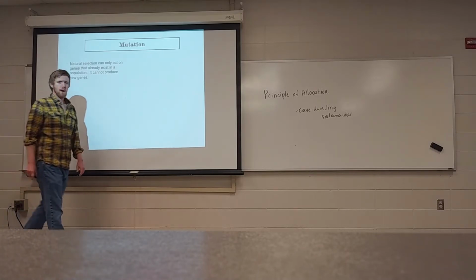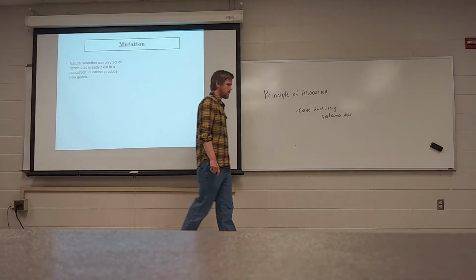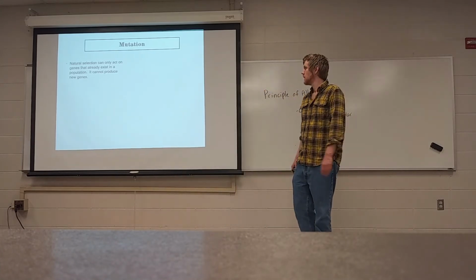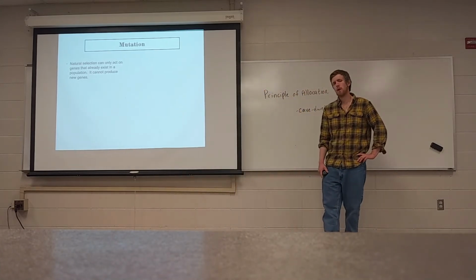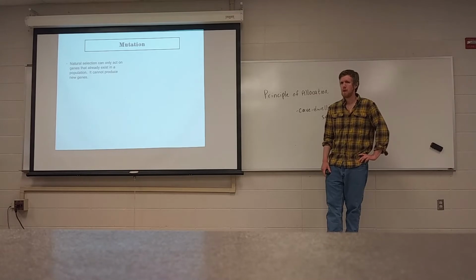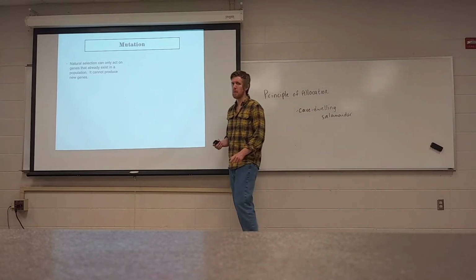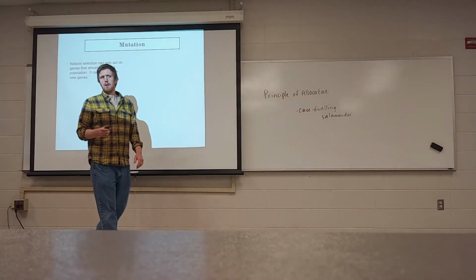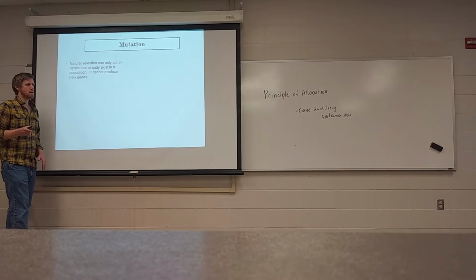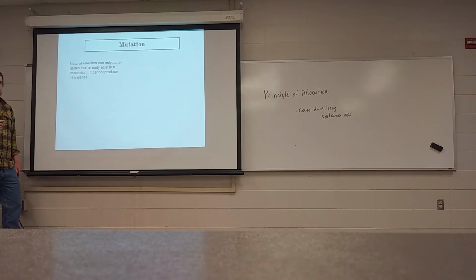One important point about natural selection: it can only act on genes that already exist. Natural selection chooses which genes proliferate in a population. Natural selection does not create new genes.